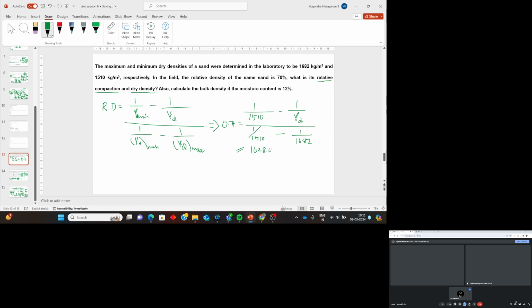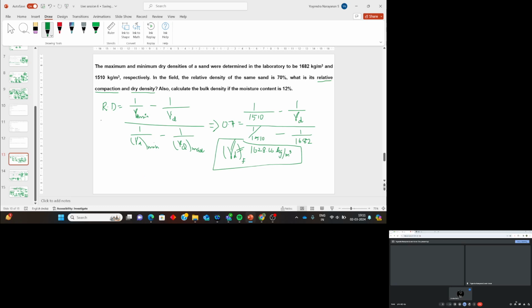Point six six, kilogram per meter cube. Now this is the dry density you achieved in field, right?